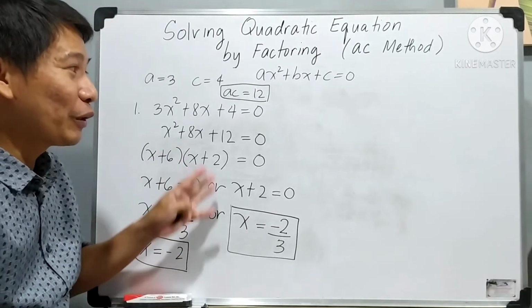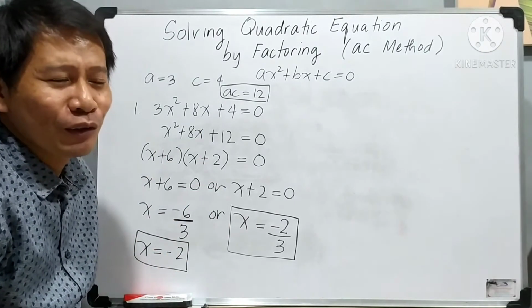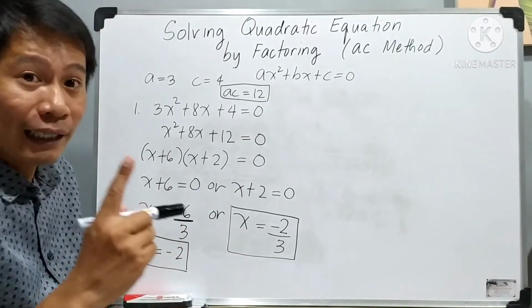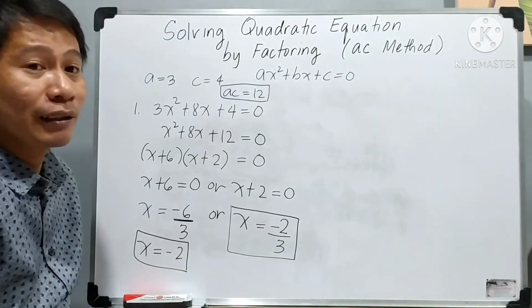So, yan po yung AC method. So, ulitin natin yung steps natin. Una, kailangan dapat nasa standard form yung ating quadratic equation.